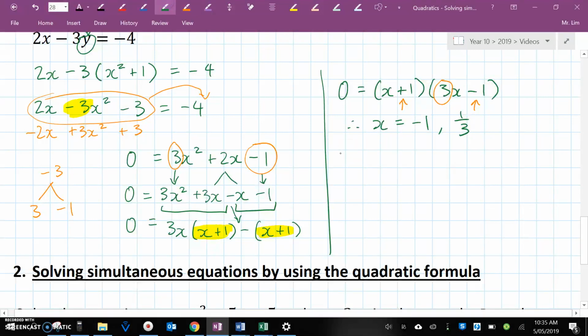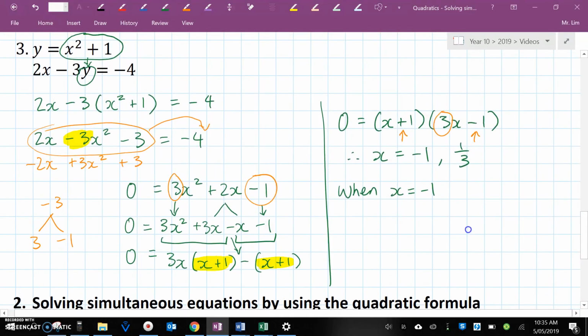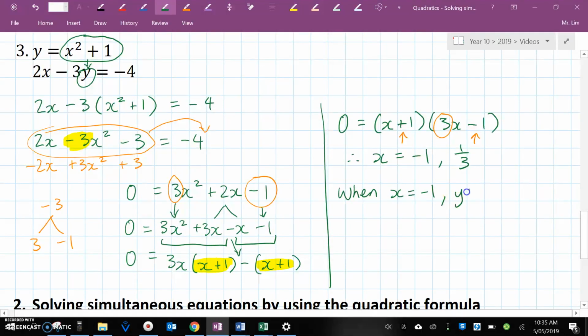So, when x is equal to minus 1, y is equal to, well, according to this, y is equal to x squared plus 1. So I'm going to substitute it into that equation. y is equal to minus 1 squared plus 1, which is 2.